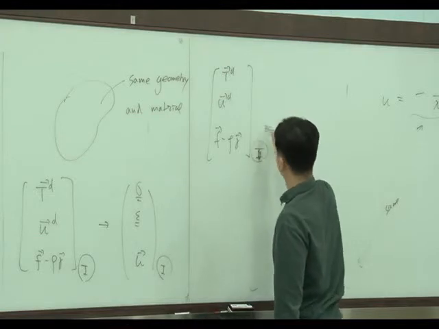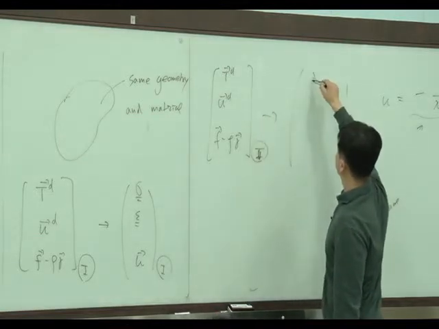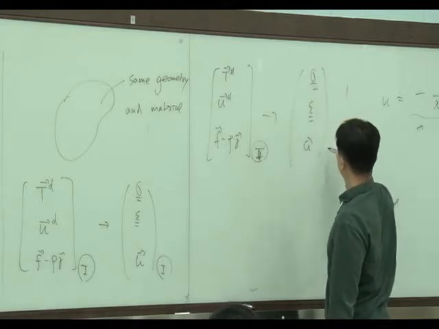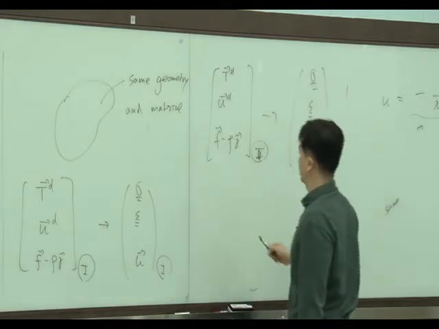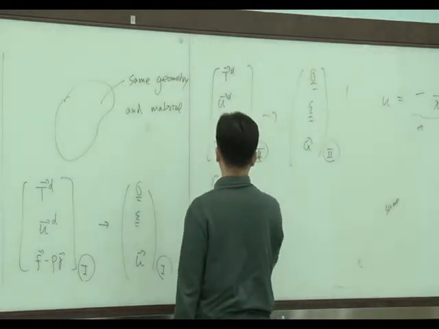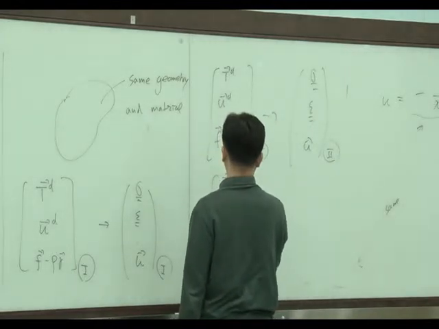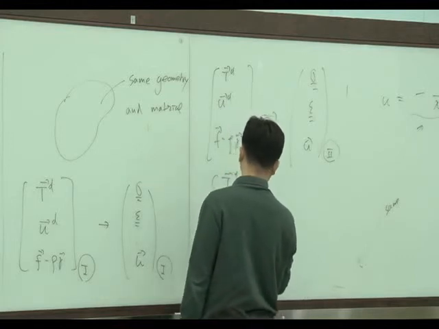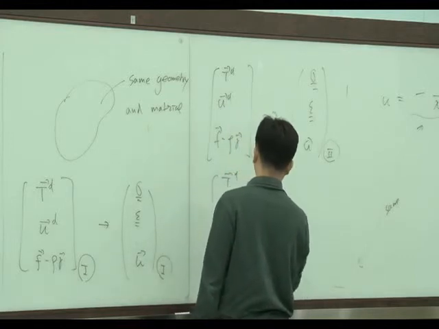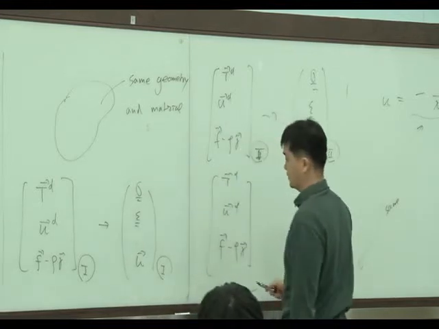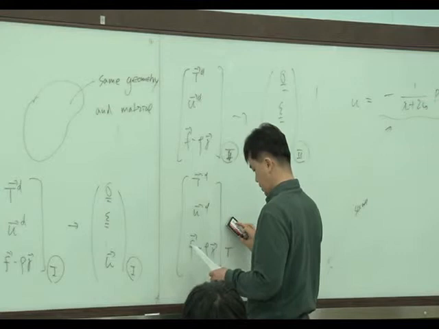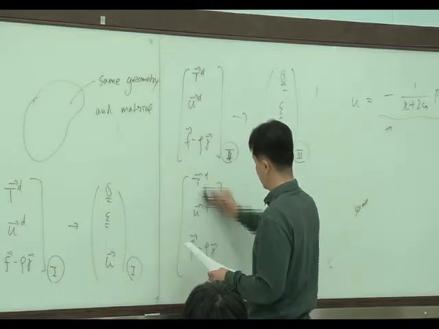The second case will give a different solution, U2. Then the third case is the sum of these. One, two, three. So, okay.